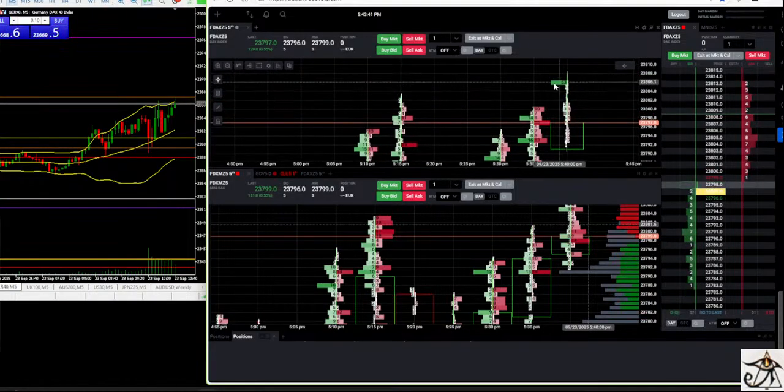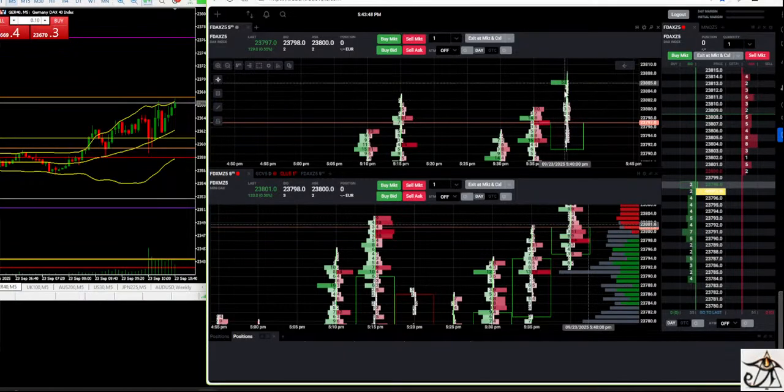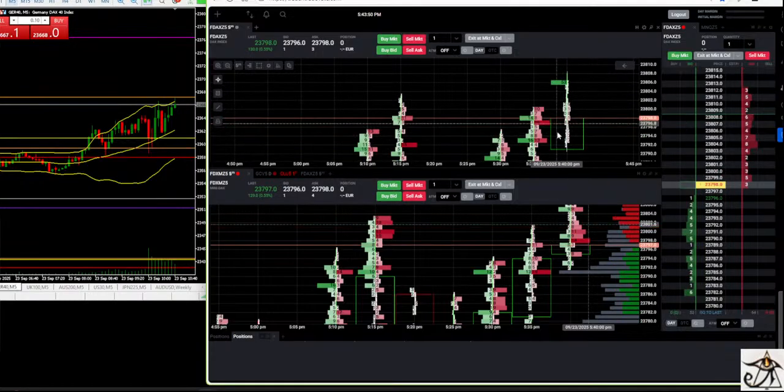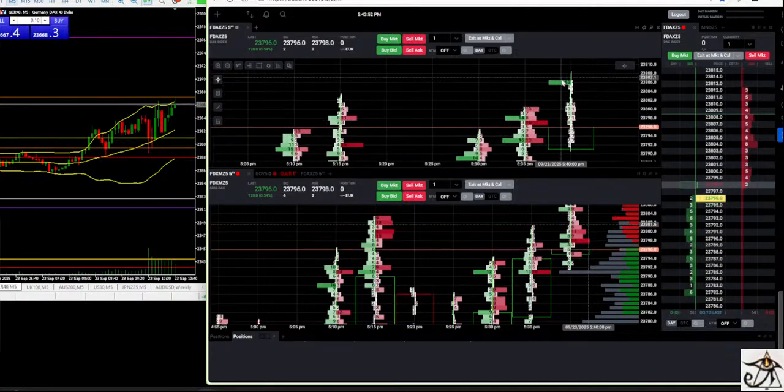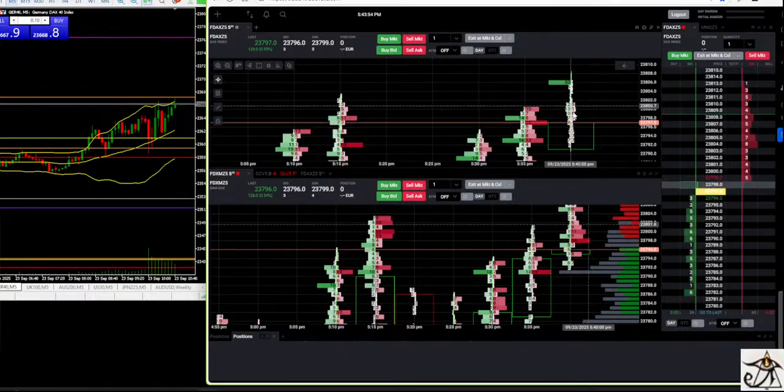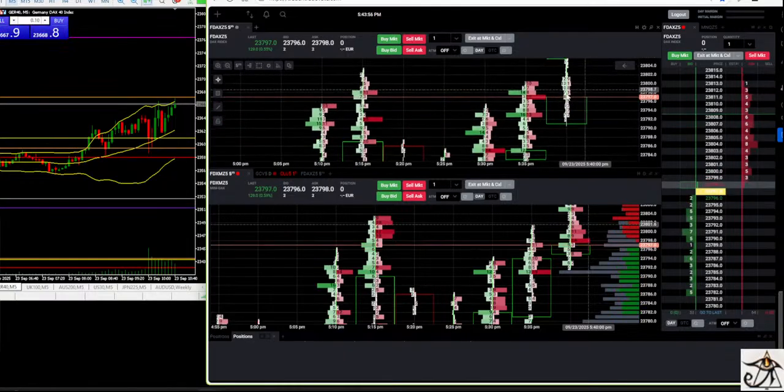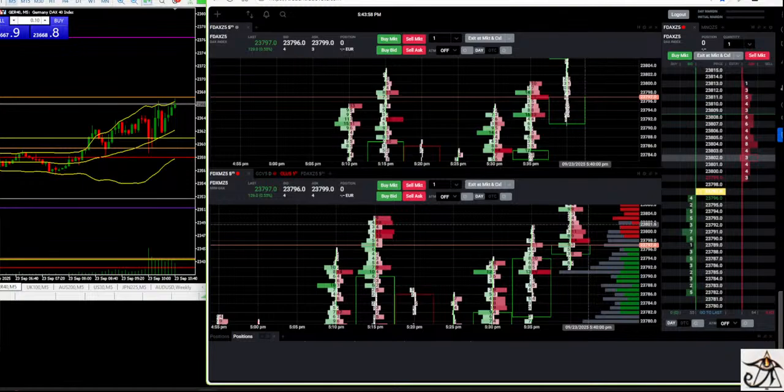But that was the exact activity that I was looking for. If that was on the ask side, followed by more bid activity, so aggressive selling, I'd have a bit more confidence, but that's a massive order. I'm hoping that that's going to push us in the direction that we need to go. So we'll just see how that pans out.